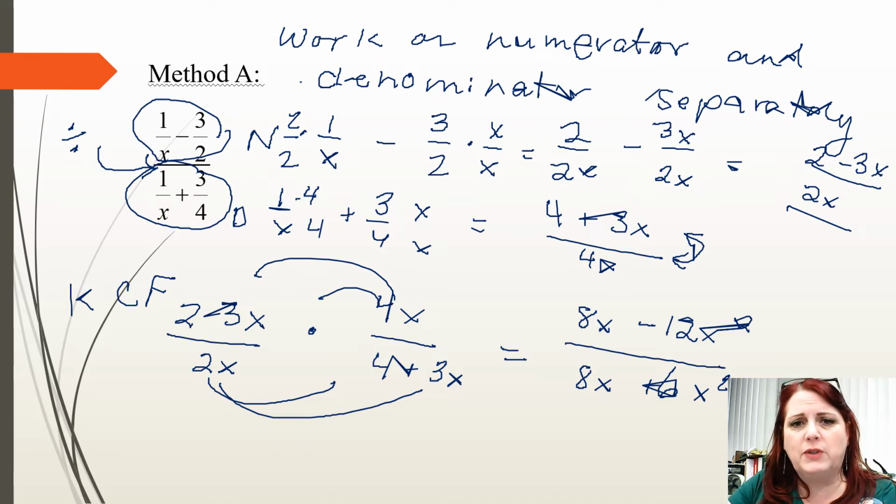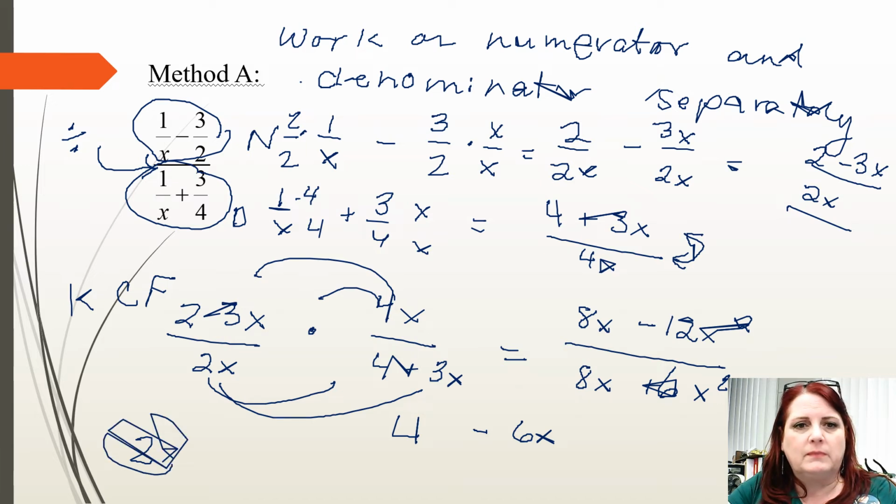We can factor out a 2x from everything, so we'll have 4 minus 6x, and that's going to be over 4 plus 3x.